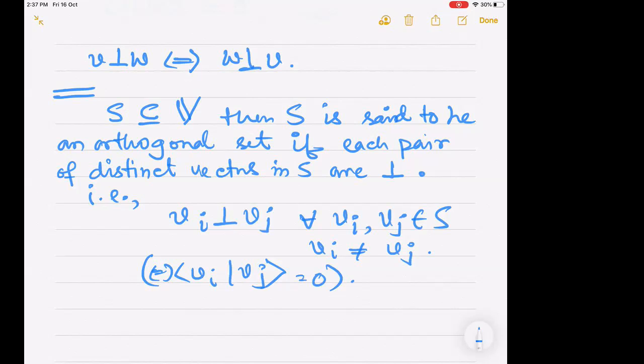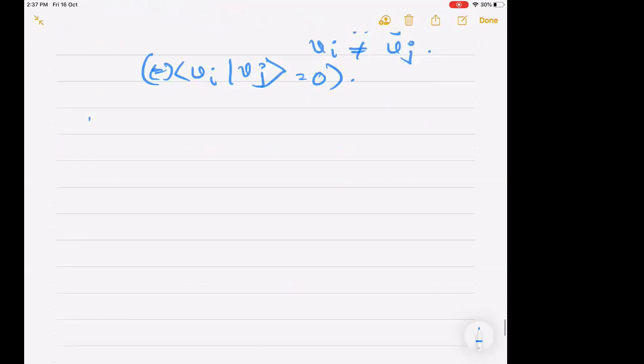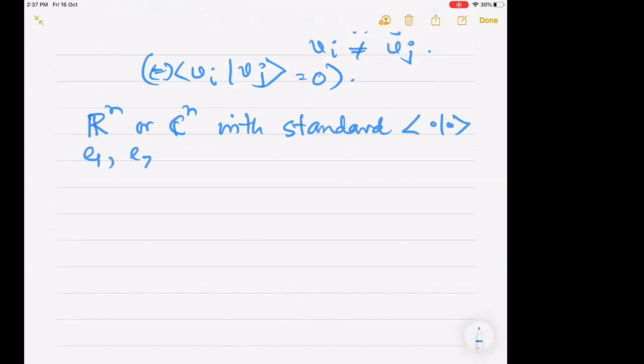Example of orthogonal sets. In Rn or Cn with the standard inner product, this collection E1, E2, up to En is an orthogonal set.